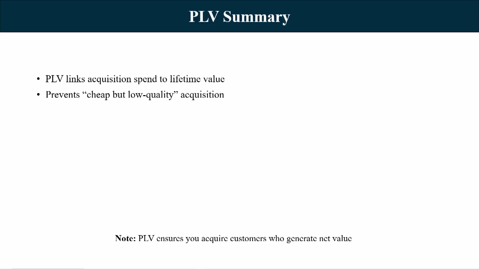Now, we will summarize this metric. PLV links acquisition spend to lifetime value. By the definition or construction of PLV, we are relating the acquisition spend to the lifetime value. Both these metrics, customer lifetime value and acquisition spend, are inputs to PLV, that is why we are relating them to each other.